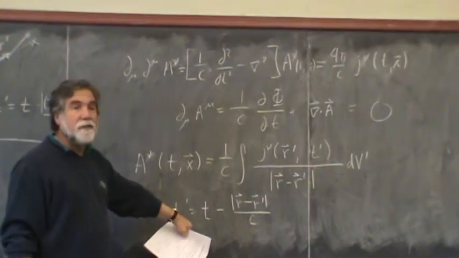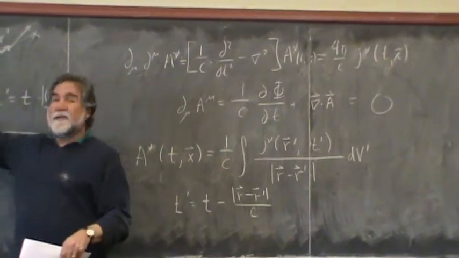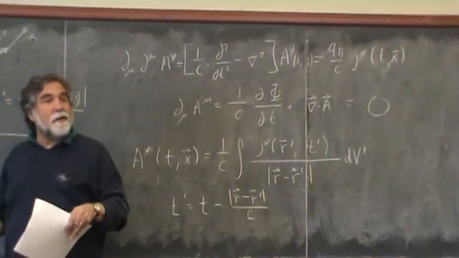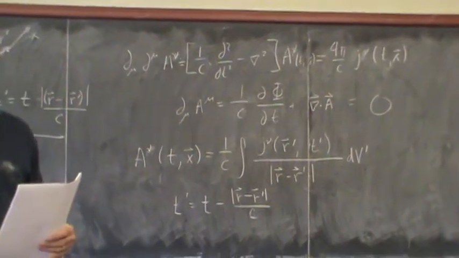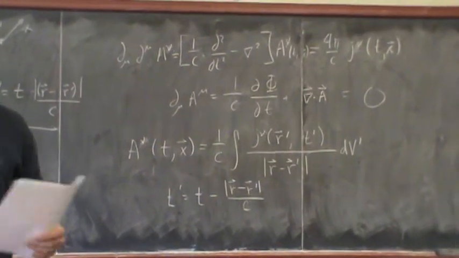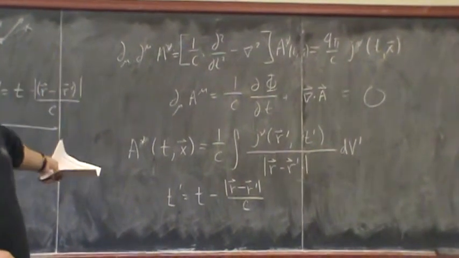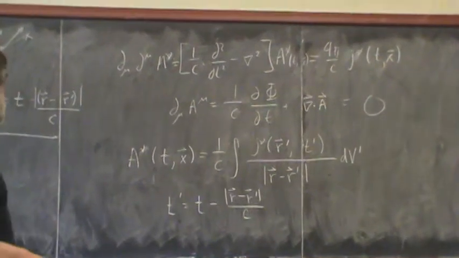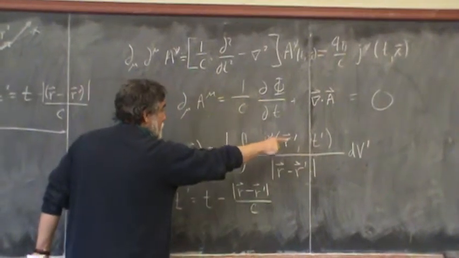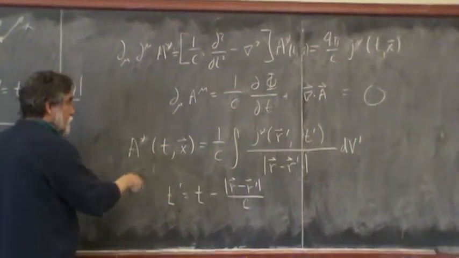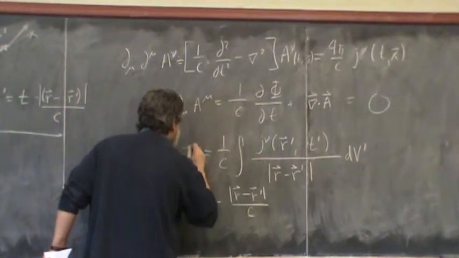It takes that much time for the information to get there. This is just based upon this idea that I put here, which I'll assert is true, but we want to actually demonstrate that it's true by making that supposition, saying that the relationship that works is the relationship between t prime, r prime, and, oops, r.